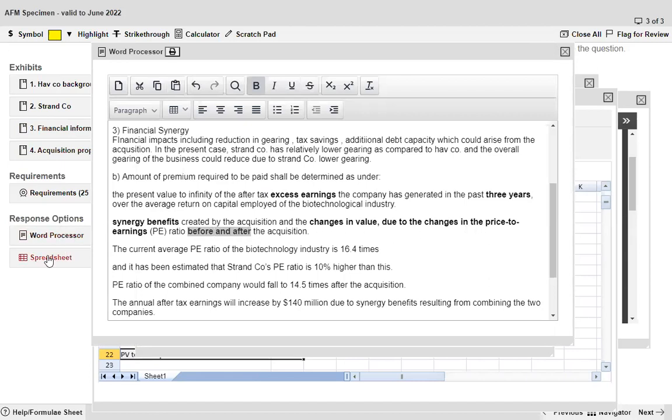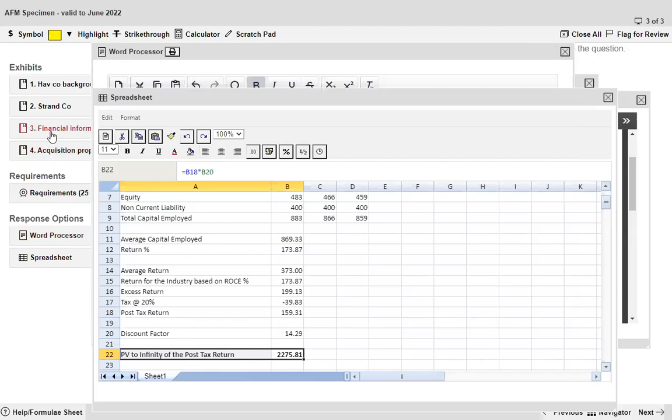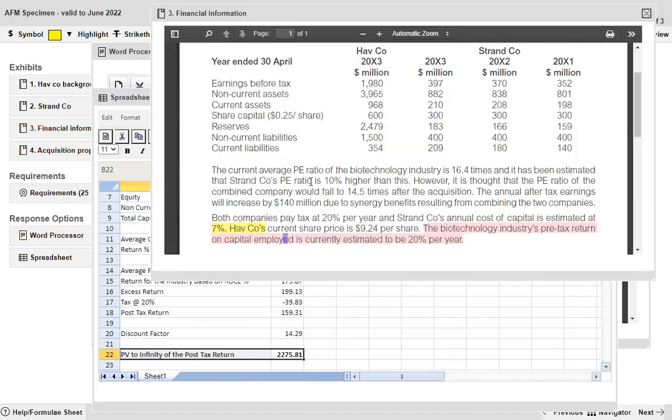The current average P/E ratio of the biotech industry is 16.4 times. And it has been estimated that the target's P/E ratio is 10% higher than this. However, it is thought that the P/E ratio of the combined company would fall to 14.5 times after acquisition.